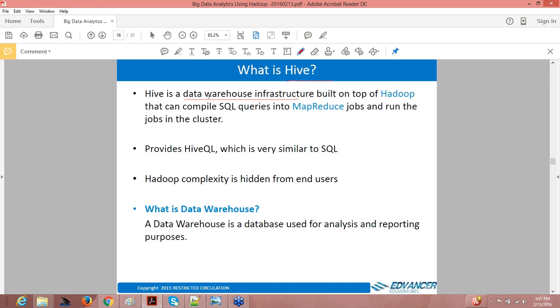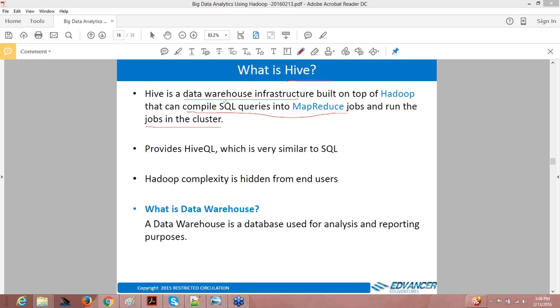So Hive is a data warehouse infrastructure built on top of Hadoop, which compiles SQL queries into MapReduce jobs and runs the jobs in the Hadoop cluster. If you do not really want to build MapReduce jobs in Java, we can use Hive.